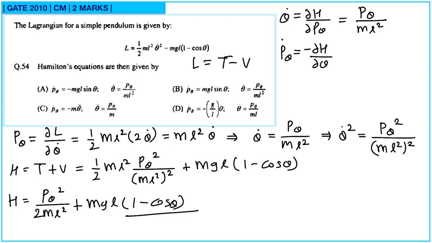So this will be equal to minus m g l times the derivative of (1 minus cos theta), which is sin theta. So p theta dot is minus m g l sin theta, and theta dot is p theta upon m l square. So option A is correct.